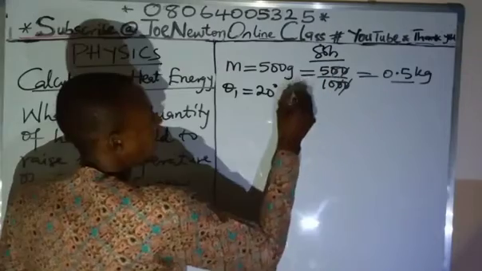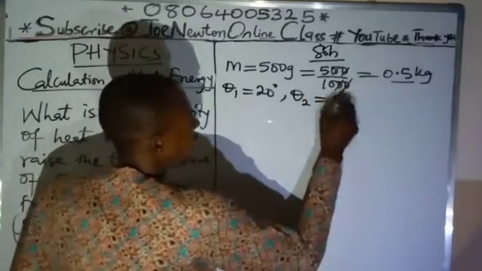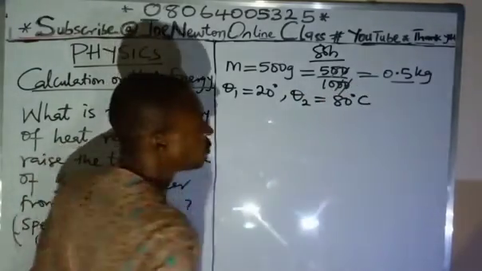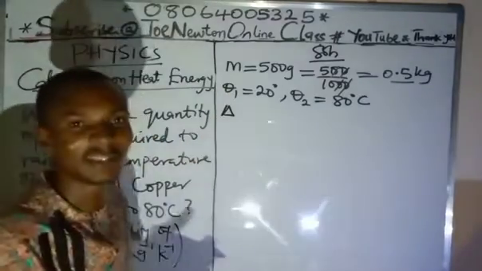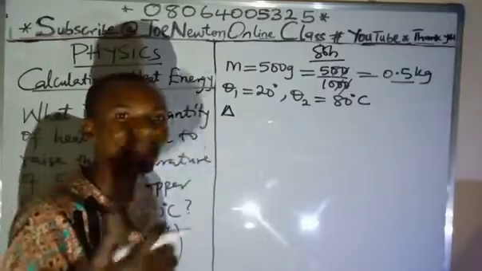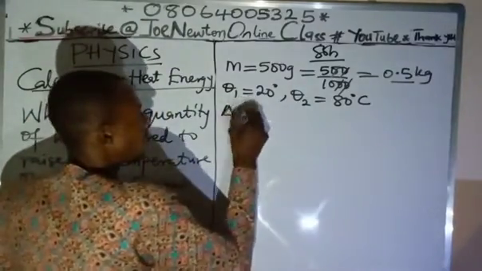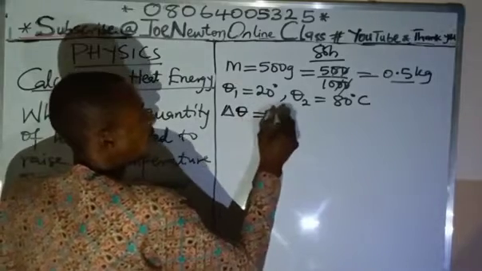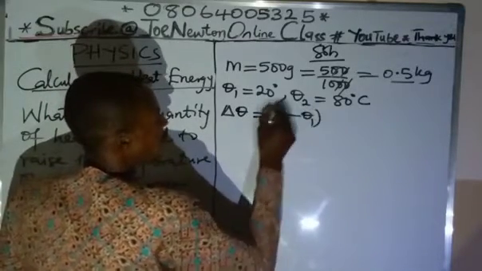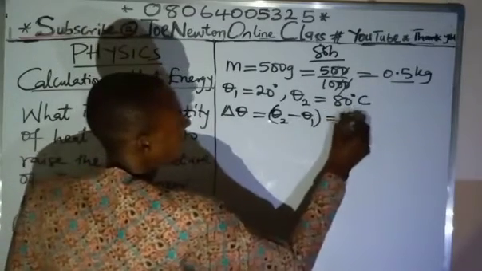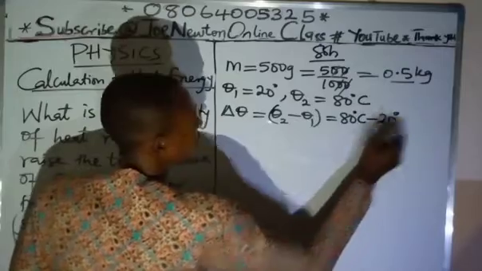And the final temperature of the copper is 80 degrees Celsius, that is theta 2. Which implies that the temperature change, the rise in temperature during the heating of that copper, that is delta theta, is equal to theta 2 minus theta 1, which is 80 degrees Celsius minus 20 degrees Celsius.